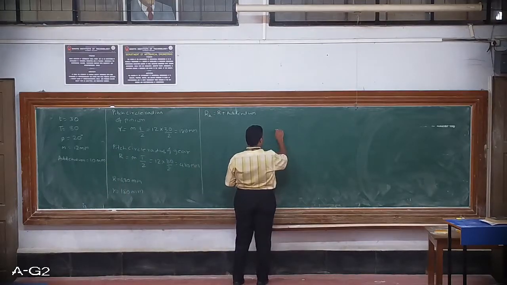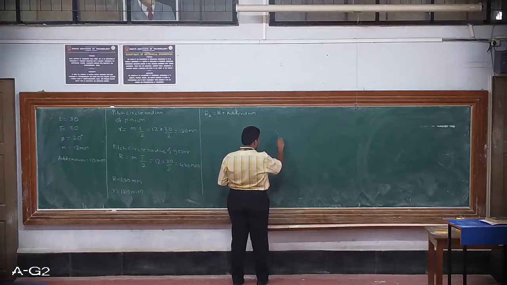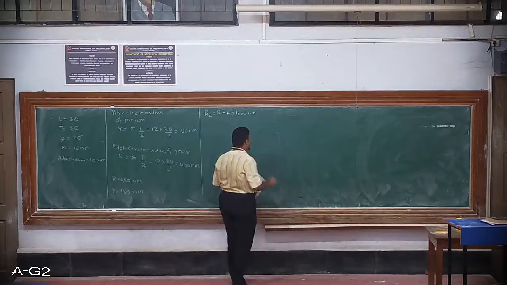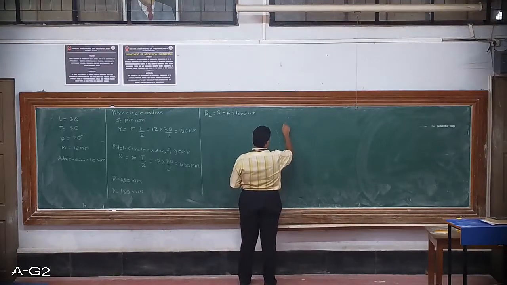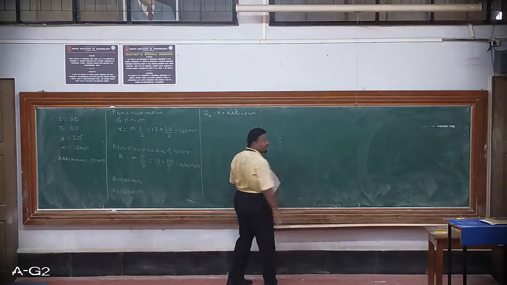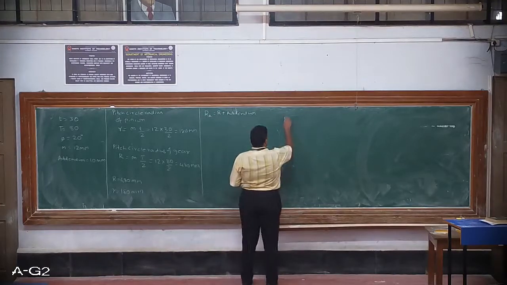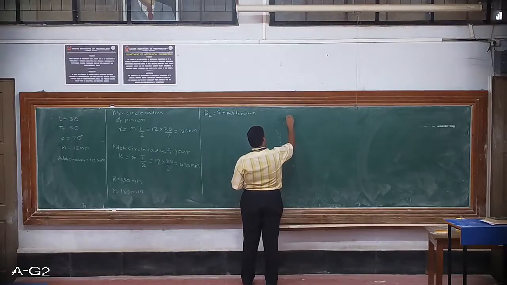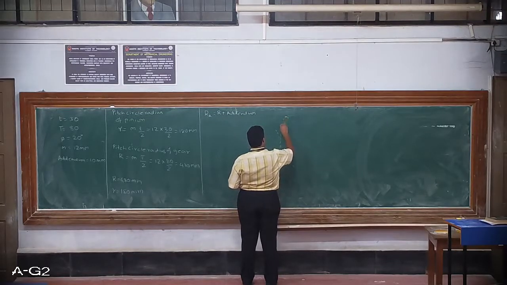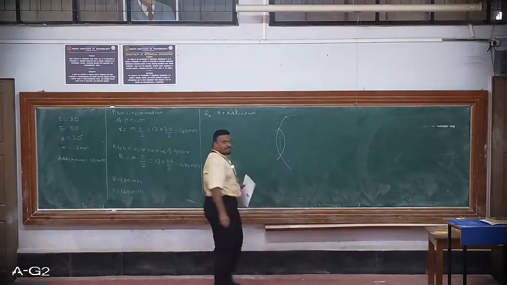What is the addendum? We have the pitch circle, say this is of the pinion, and we have the pitch circle, say this is of the gear. So this addendum from the pitch circle for the gear and the addendum from the pitch circle of the pinion, both will be the same.